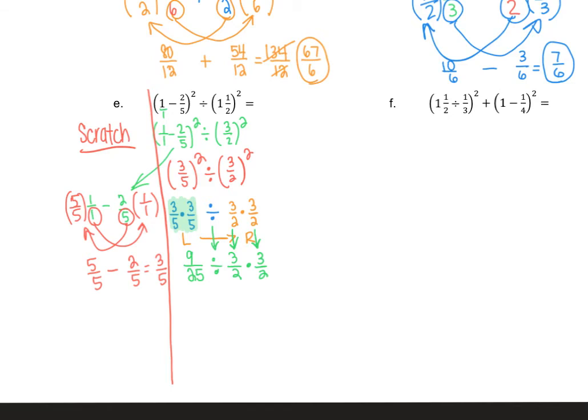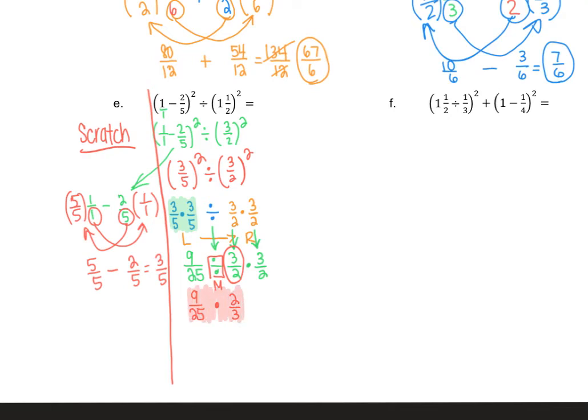Now, when it says divided by 3 over 2, this means that I really multiply and flip this. So it's really 9 over 25 times 2 over 3.